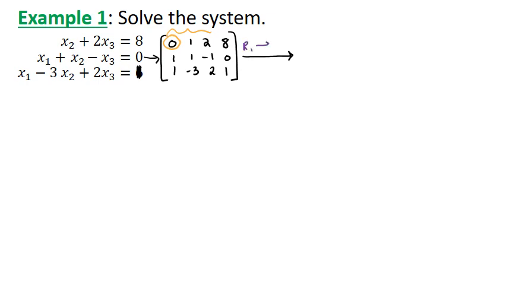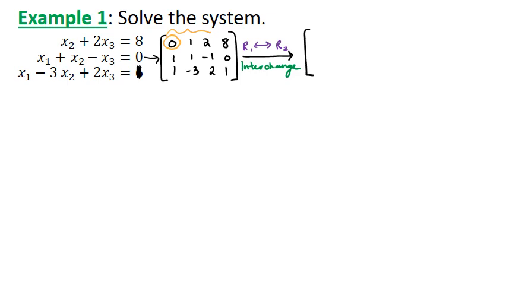So the way I'm going to illustrate that is I'm going to take row 1, switch it with row 2, and this is called interchange. So of those three operations, this is interchange.